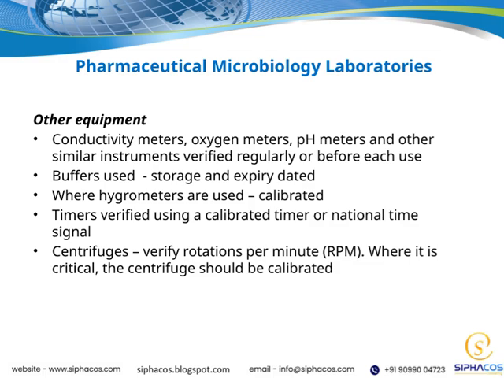For centrifuges, it's essential to verify their rotations per minute, or RPM. Especially when precise centrifugation is crucial for your process or testing, the centrifuge should be calibrated to confirm it's running at the correct speed. All these practices, regular verification, calibration, and proper storage, are fundamental to maintaining the integrity of your microbiology testing processes and ensuring reliable, reproducible results in your lab.